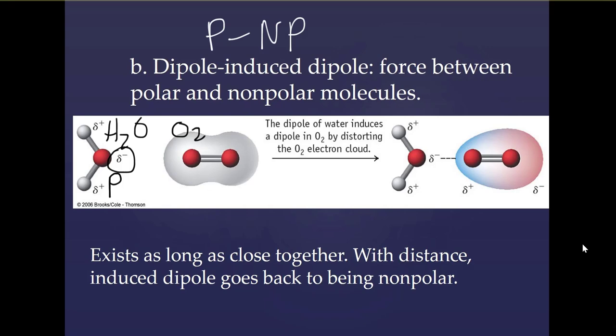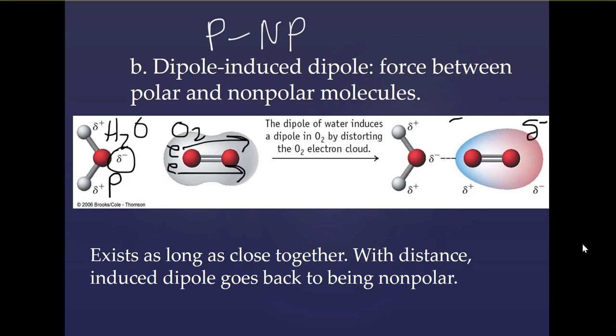So dipole-induced dipole occurs when the polar molecule gets close to the nonpolar molecule. So separate, they'll each be polar or nonpolar. But if they come in close proximity, the electrons that are over here in the oxygen molecule, as they get close to water, they are going to be repelled and they will flee to the other side, so to speak. And so you will end up making a temporary polar molecule.